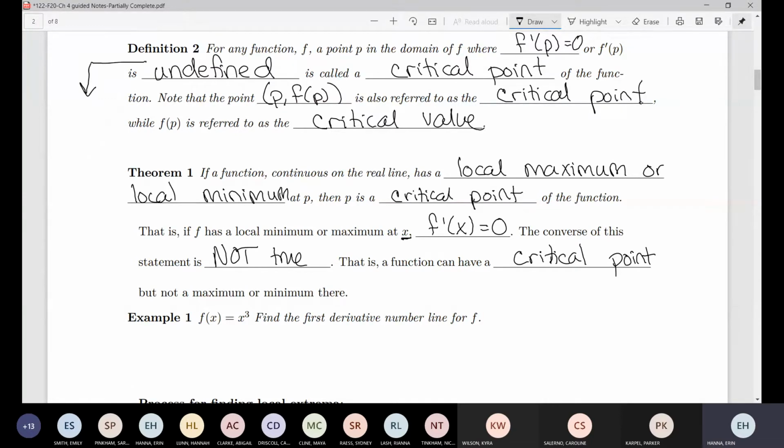Back to this undefined piece again. A function can be undefined for a variety of different situations, most of which are outside the scope of this class. So in terms of what we're going to care about, the only time we're going to care about whether a function is undefined is when a denominator is 0.